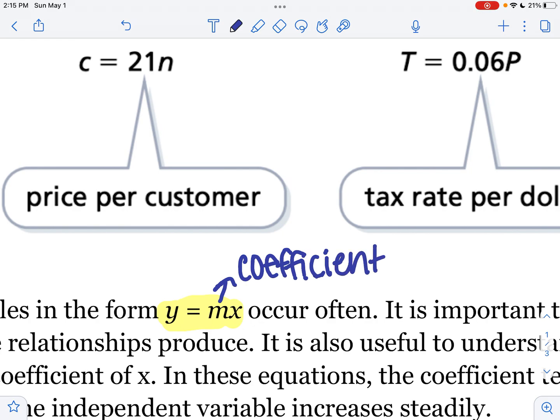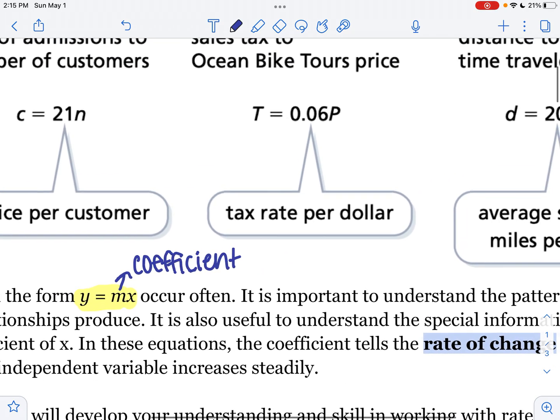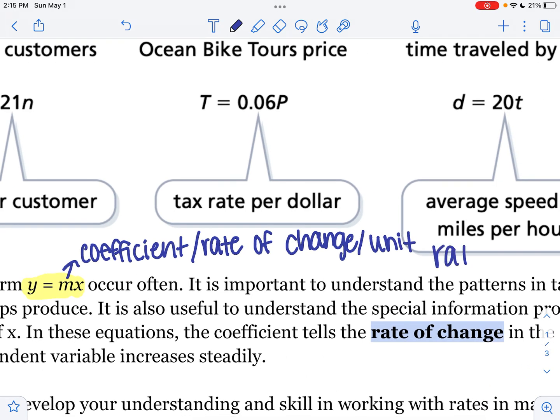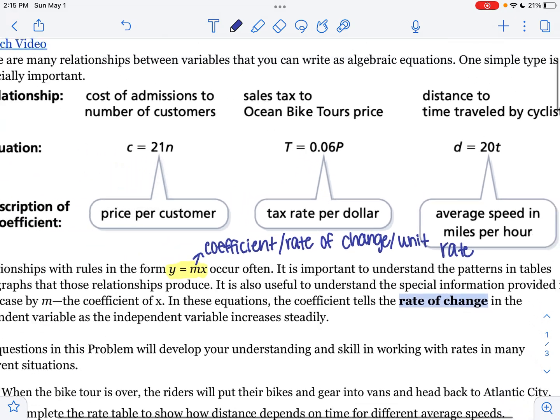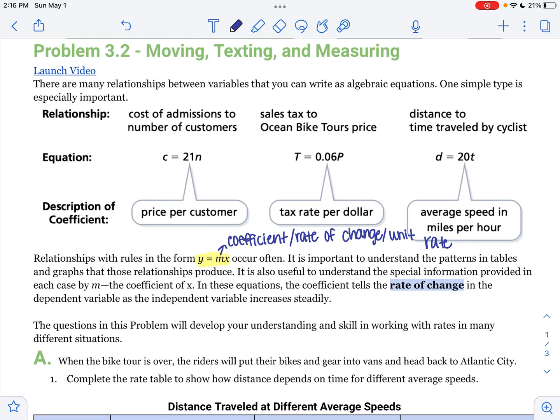Our coefficient can also be what we consider our rate of change or our unit rate, how much it's increasing by every single time. If we have a coefficient or rate of change or a unit rate that's increasing by the same amount each time, our graph is going to look a certain way.